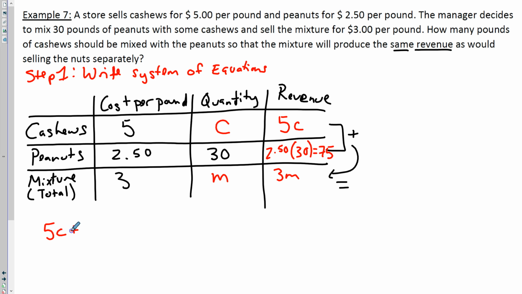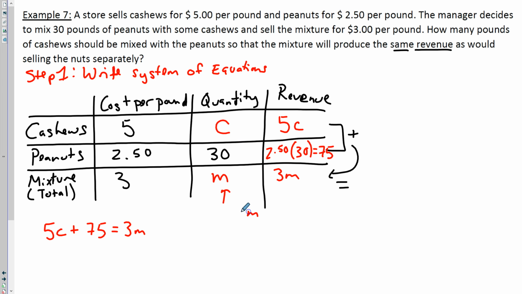That 5C plus the 250 times 30, or 75, must equal 3M. So that equation came from the revenue, but a system of equations like this one requires 2 equations because I have 2 variables. And that second equation is actually going to come from our quantity, that we know how our quantities are related, that I'm mixing together my cashews and my peanuts to create our mixture total.